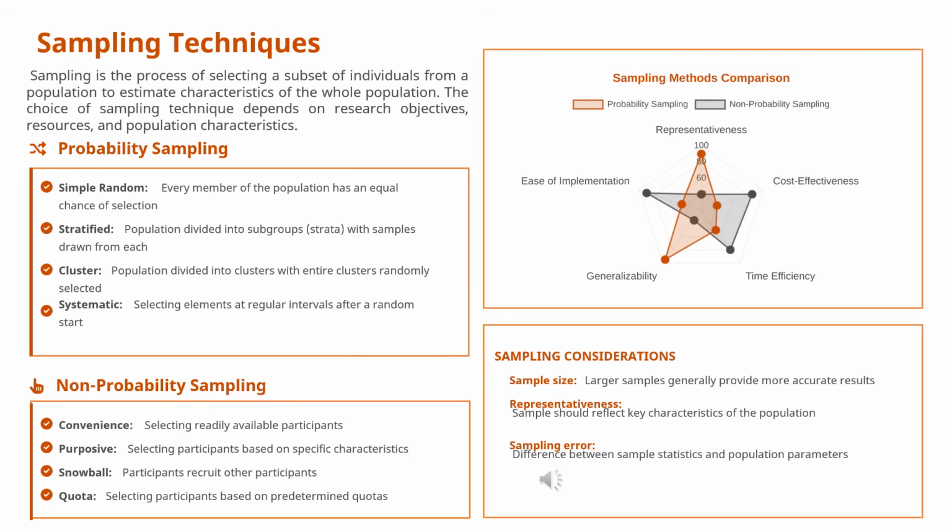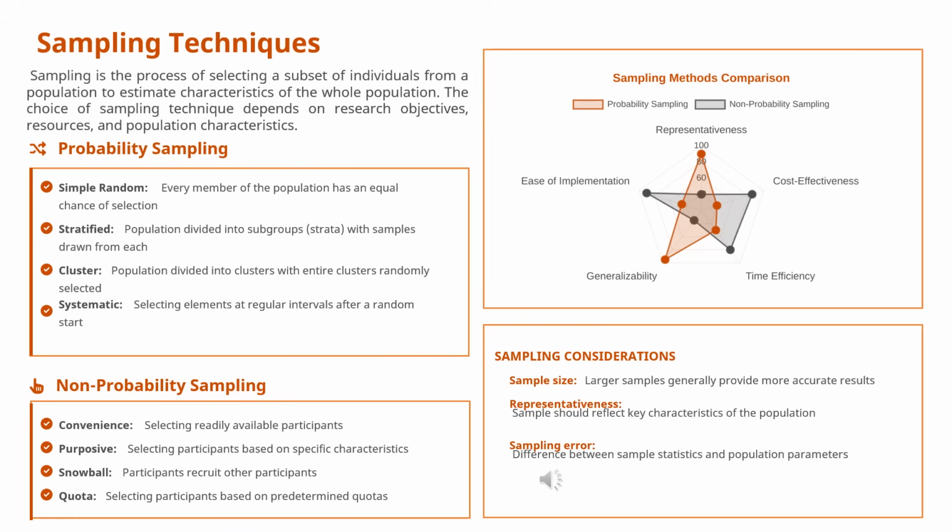The goal here is to ensure that this smaller group or sample accurately represents the entire population, and this will allow us to make valid and reliable inferences about the whole population. Proper sampling is absolutely crucial for generalizability of your research findings.